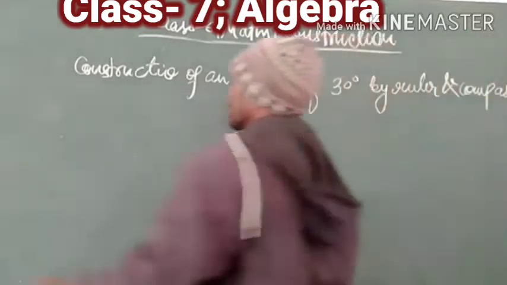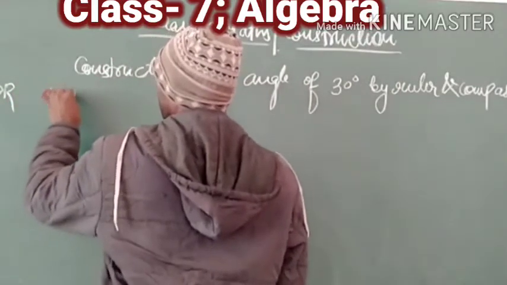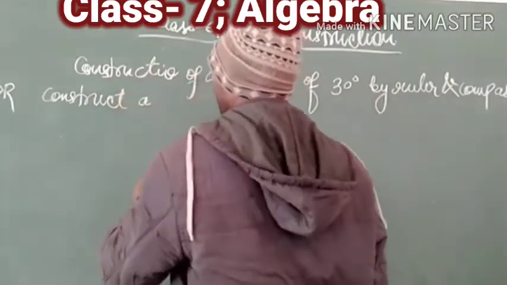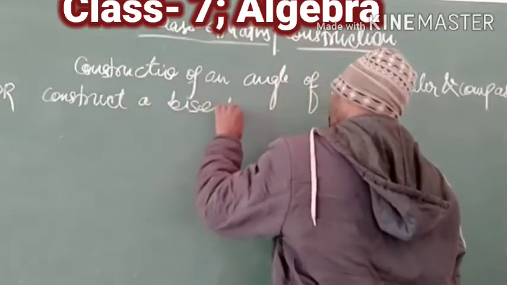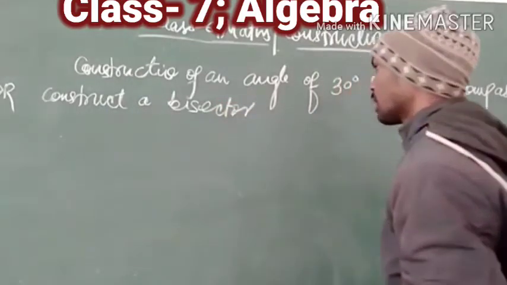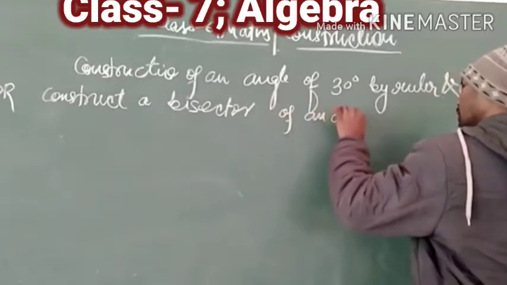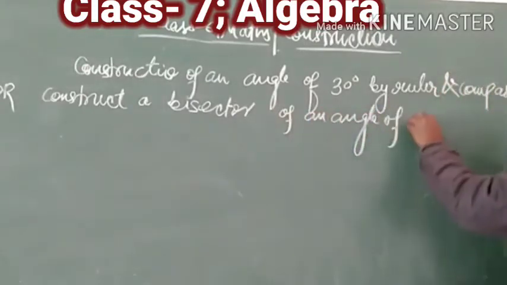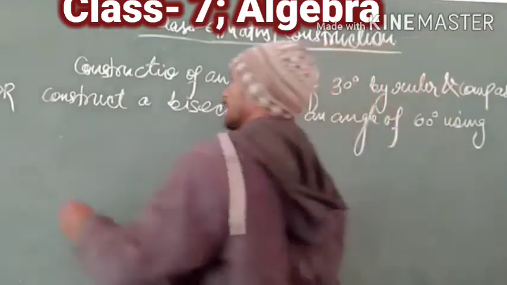Okay, or the next question may be: construct a bisector of an angle of 60 degree using ruler and compass.